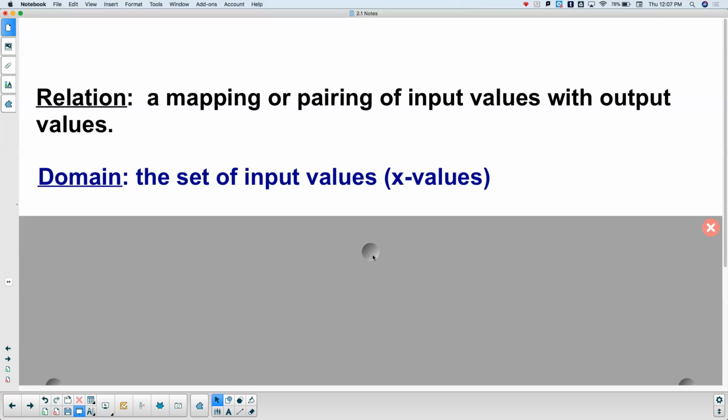Okay? Normally, for us, it will be the x values. We'll pick some x's to put into a function and see what value we get out of it. Sometimes the other main one for math is t values, putting a t value into the function. And that's if we're dealing with a function that's based off of time.